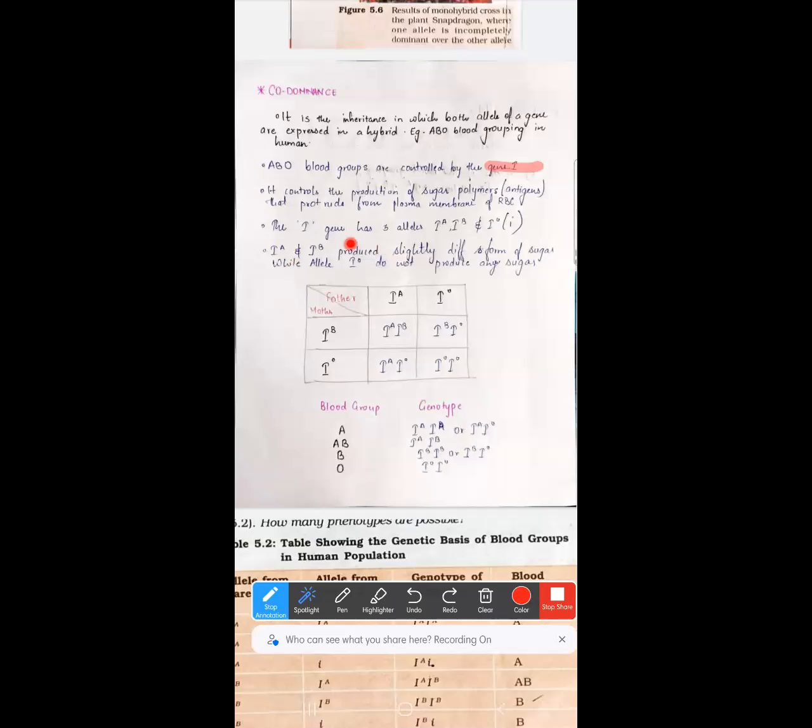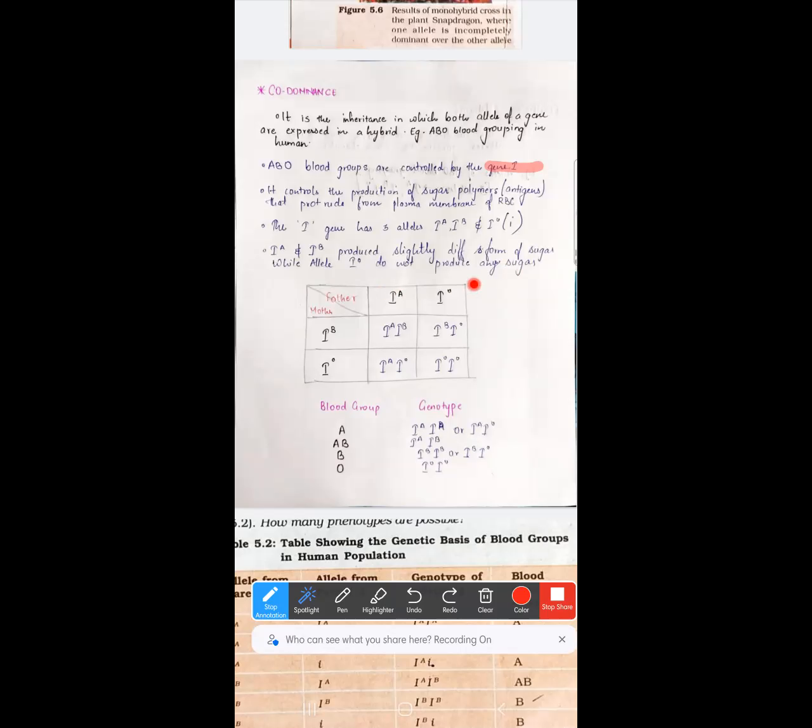The I gene has three alleles, that is IA, IB, and IO. IA and IB produce slightly different forms of sugars. That is, the sugars produced by IA and IB are not similar, while the allele IO or I naught does not produce any sugar.